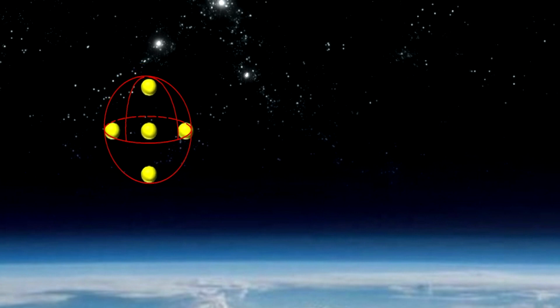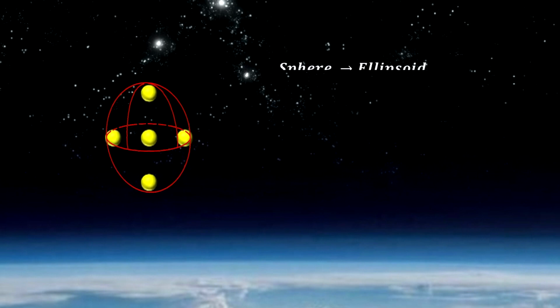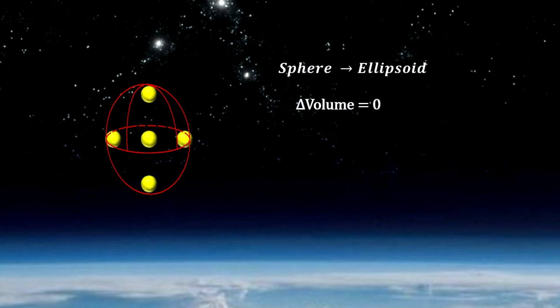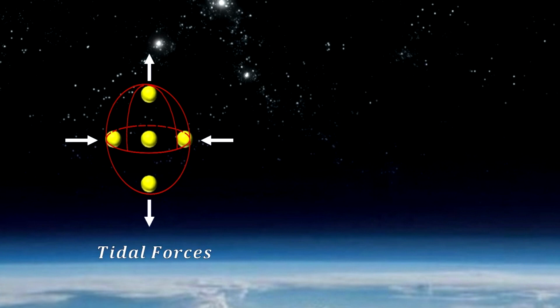This changes the shape of the volume from a sphere to an ellipsoid, but the total volume remained unchanged. The Einstein tensor is 0, even as the curvature of the space is not 0. By the way, this sphere to ellipsoid phenomenon is called a tidal effect, because it is how the moon creates tides on the Earth.